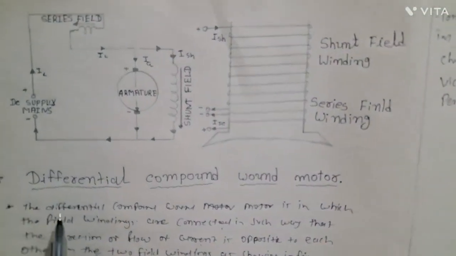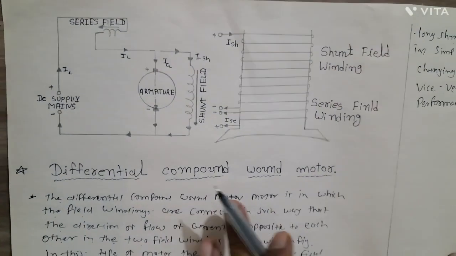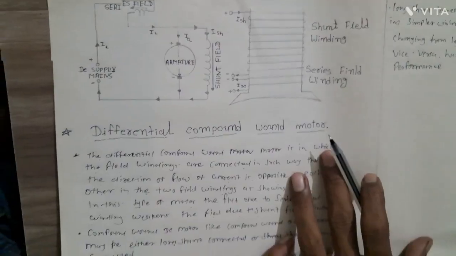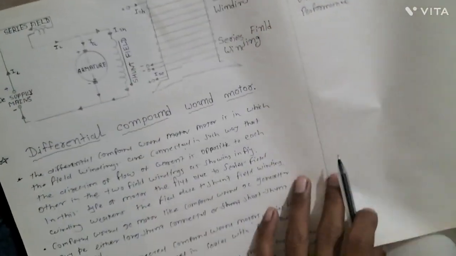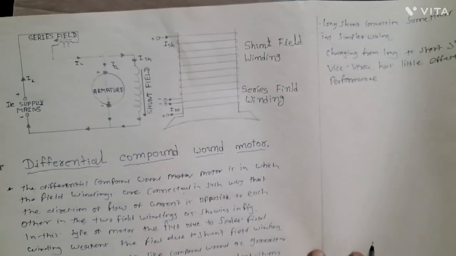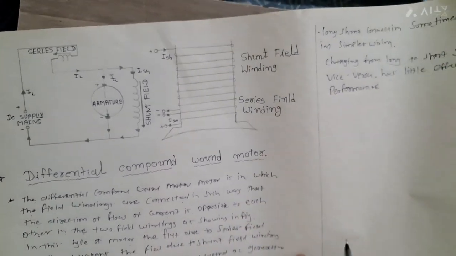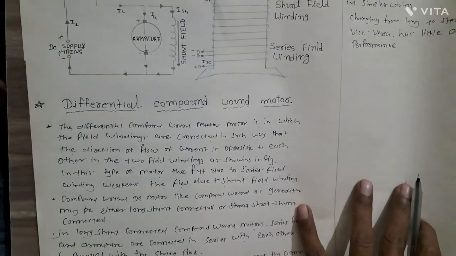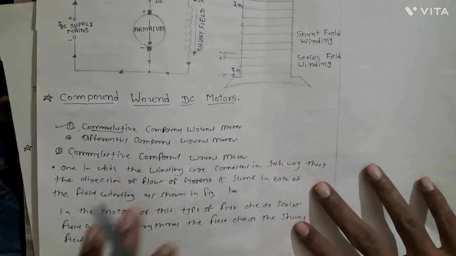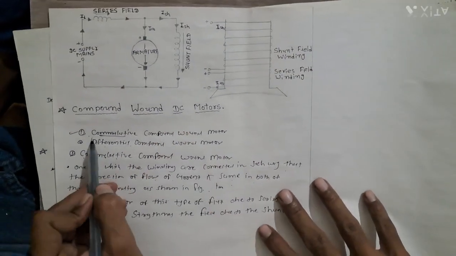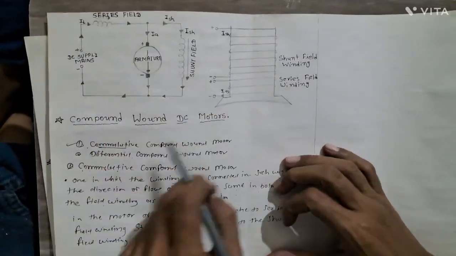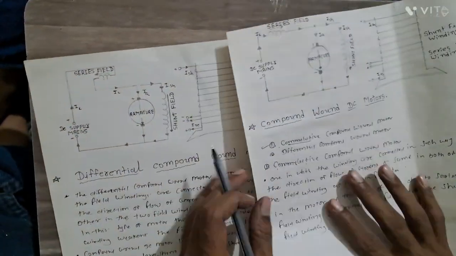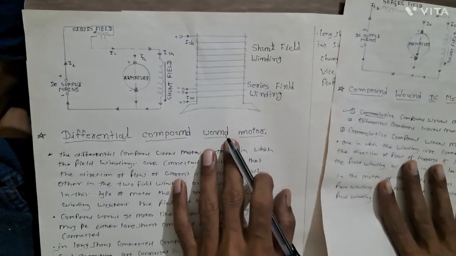And the fifth motor is the compound wound DC motor and its two types, the differential compound motor and the cumulative compound wound motor. So for the compound wound DC motor, we have discussed two types.